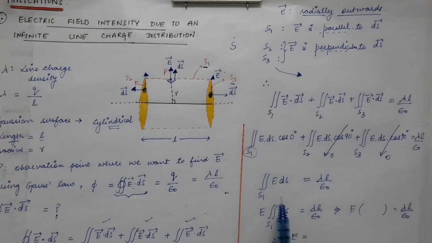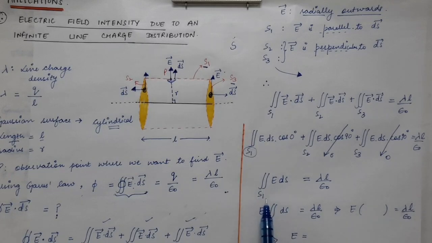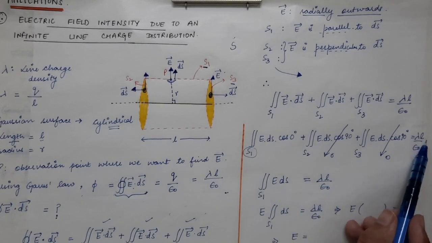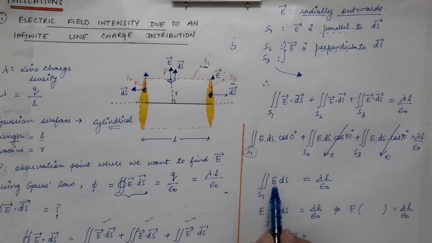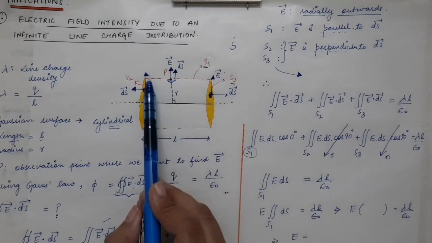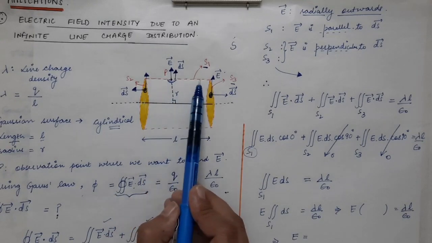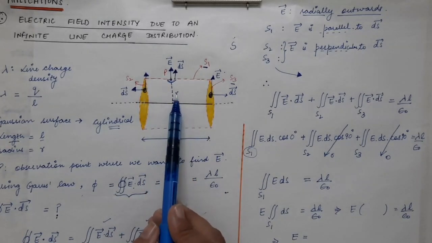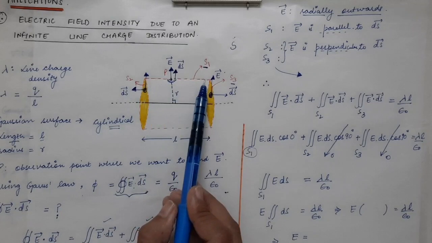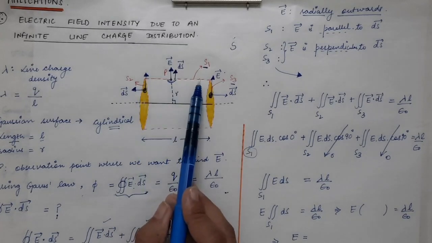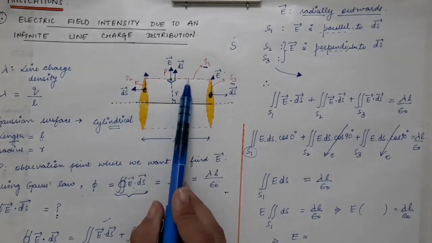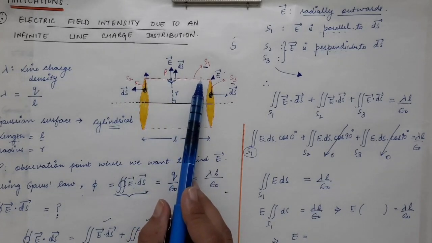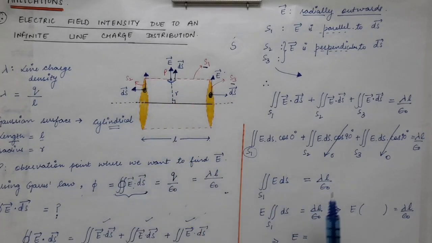So this first surface integration, E ds over S1, will be equal to lambda into L divided by epsilon naught. The electric field E is constant over all the points which are at a distance of r. At all the points which are at the same distance from this line charge, the electric field intensity will remain the same.